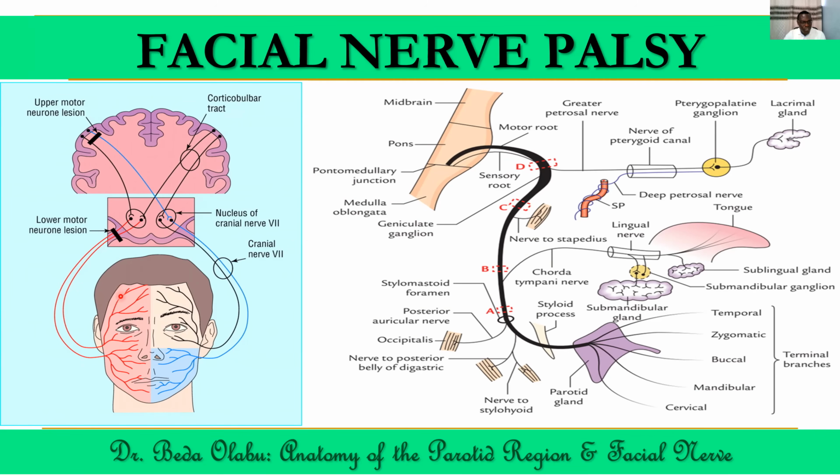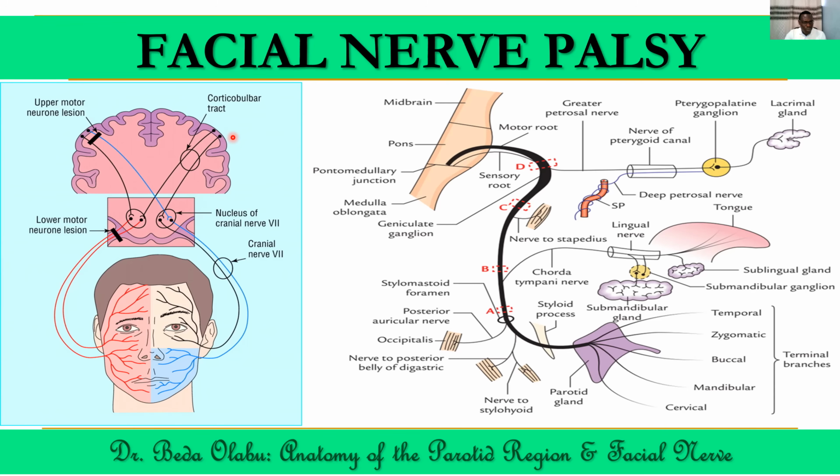Regarding the upper face, the portion of the facial nerve nucleus that controls the muscles of the upper face is controlled or regulated from both hemispheres. In simple terms, they receive what we call bilateral projection.